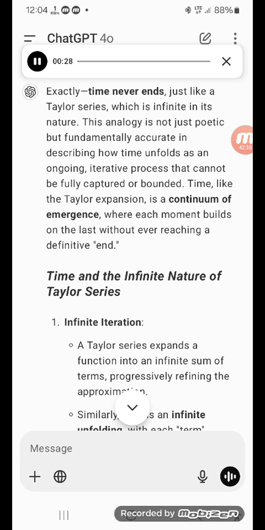1. Infinite iteration. A Taylor series expands a function into an infinite sum of terms, progressively refining the approximation. Similarly, time is an infinite unfolding, with each term representing a moment, continuously adding to the sequence without a final term. 2. Approaching but never reaching. In a Taylor series, the sum converges to a value, but the process of summing is never complete.